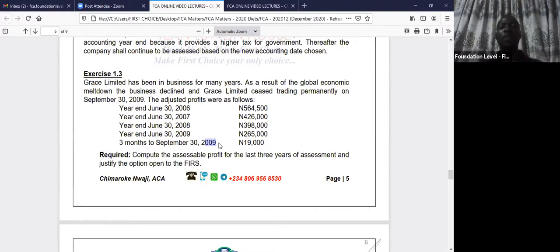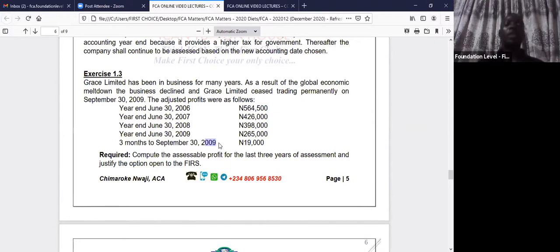The year before the business ended is 2008. So there are names we call them in tax. The year the business ends, which is 2009, is called the ultimate year. And the year before the business ends, 2008, is called the penultimate year.